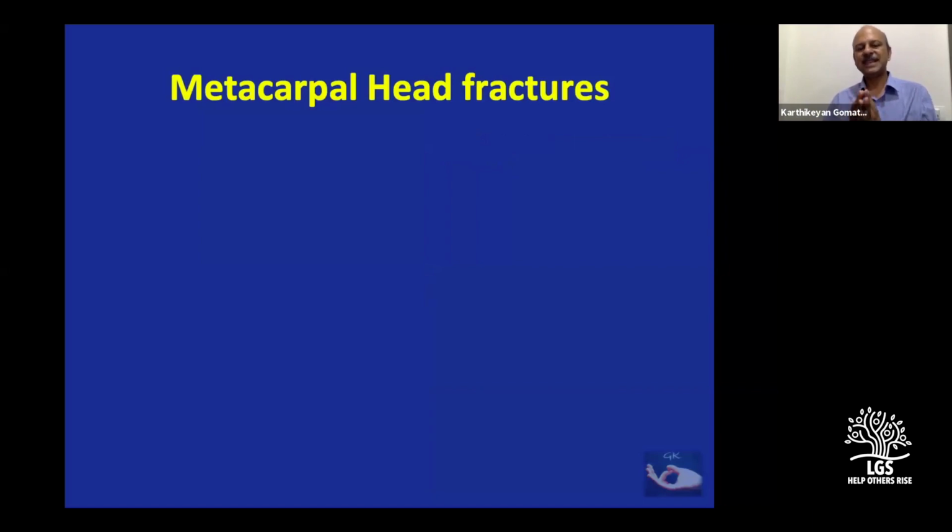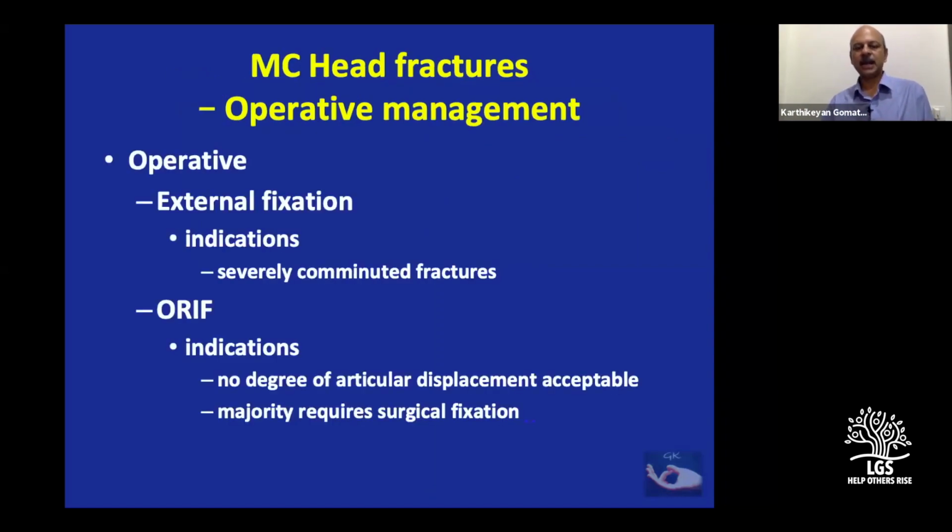Now, we have seen the principles of the conservative, non-operative management of the metacarpal fracture. Now we'll see the different parts of the metacarpal head fractures. Conservative management of the metacarpal head fractures is not very ideal. Operative management consists of external fixation, especially in severely comminuted fractures.